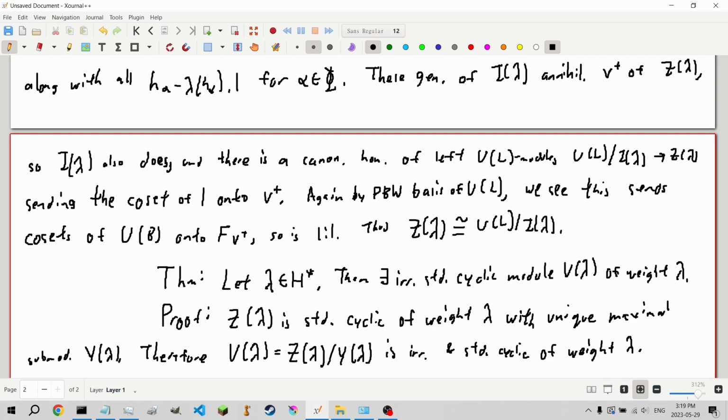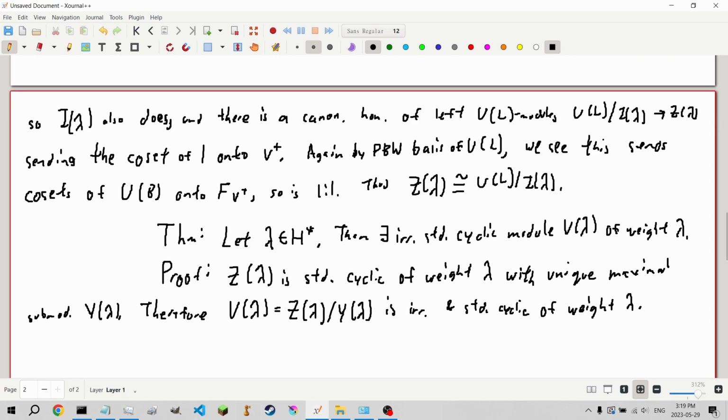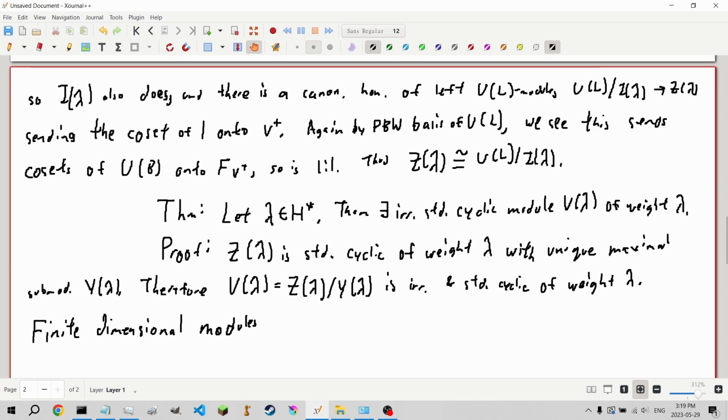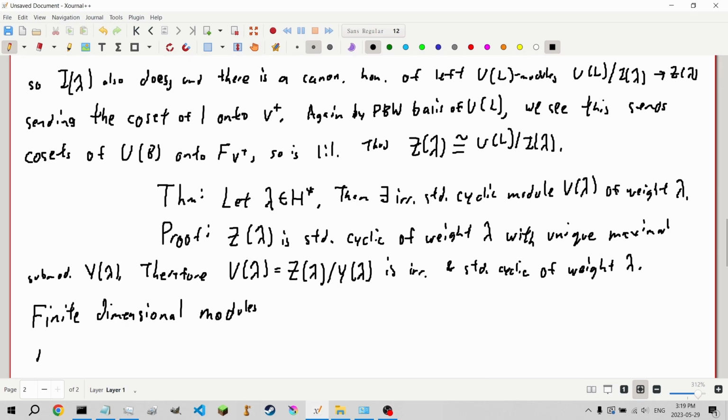So the next chapter is going to be on finite dimensional modules, and our first topic in here is necessary conditions.